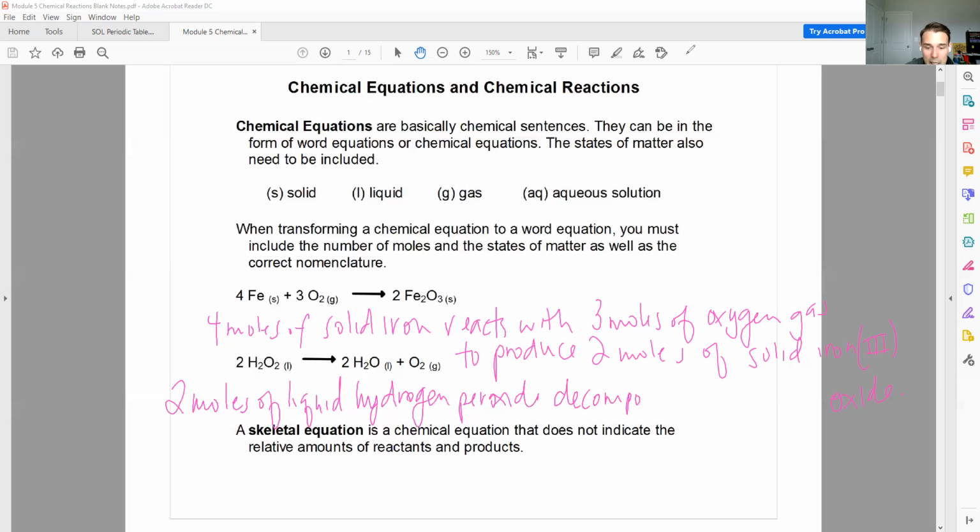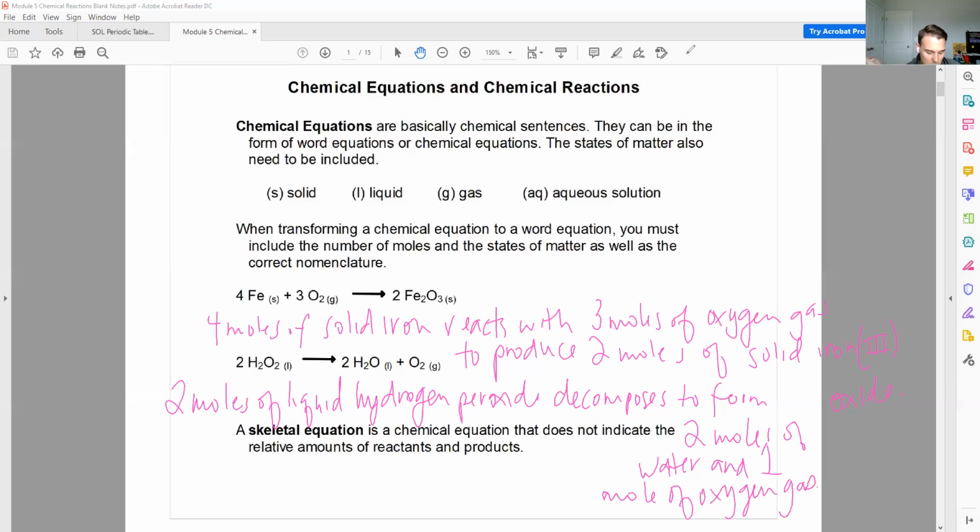So 2 moles of liquid hydrogen peroxide decomposes to form 2 moles of water and 1 mole of oxygen gas. Okay, and we don't need to put 2 moles of liquid water, because that's redundant.